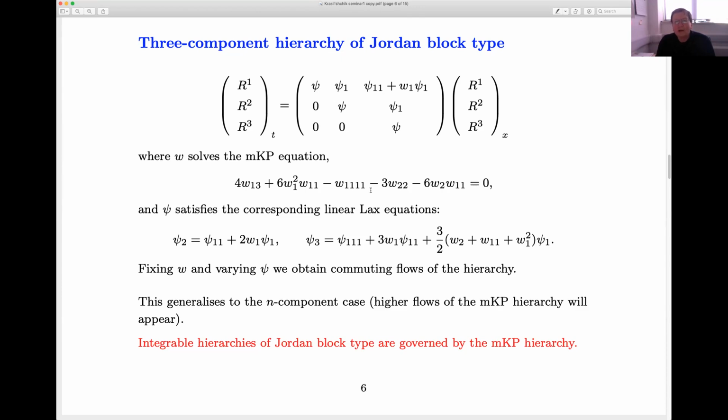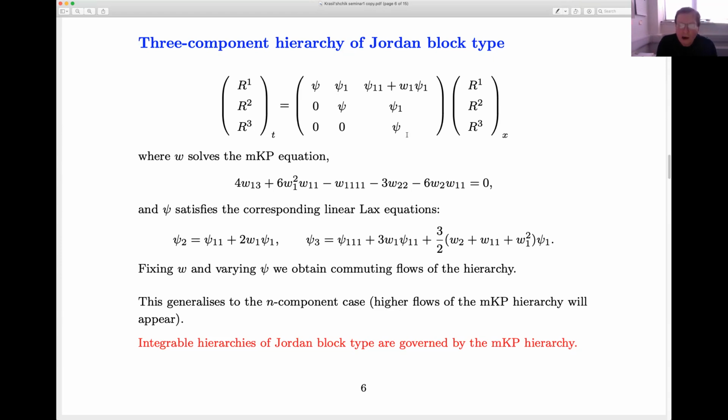So what you do, you fix a solution W, and then you vary solutions to the Lax pair. You take all possible solutions psi to the Lax pair and put them here. For a given W, you have many solutions to the Lax pair, because it's just a pair of compatible linear PDEs. If you fix W and vary psi's, you get commuting hydrodynamic systems.